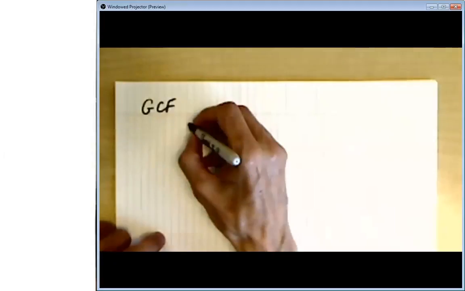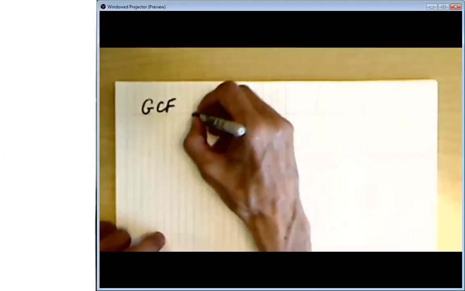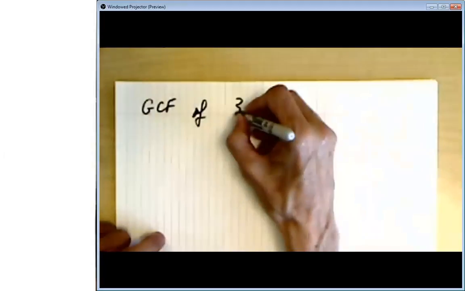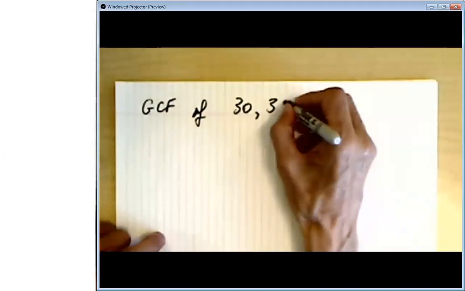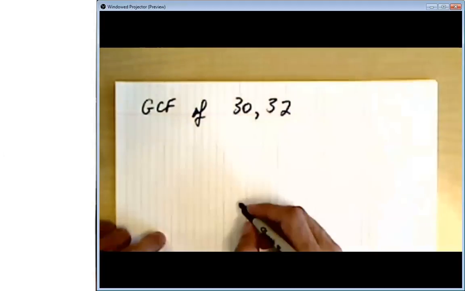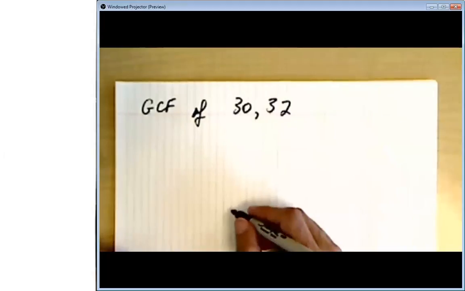GCF level 1. GCF of 30 and 32. How about that one? Divide by 2, Zoom says. I like that.